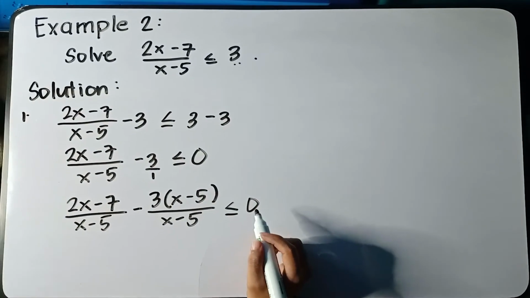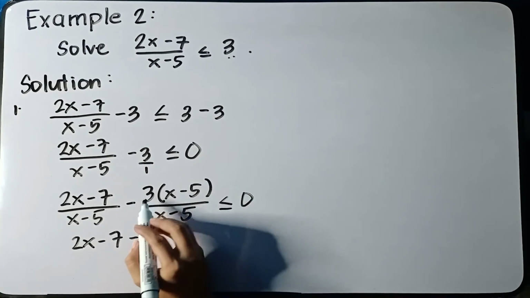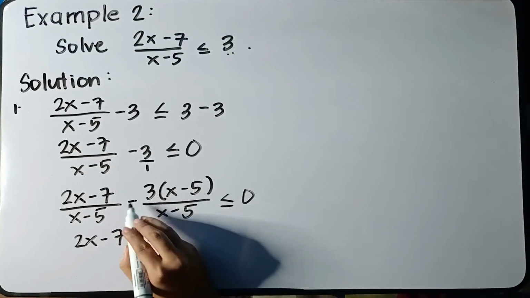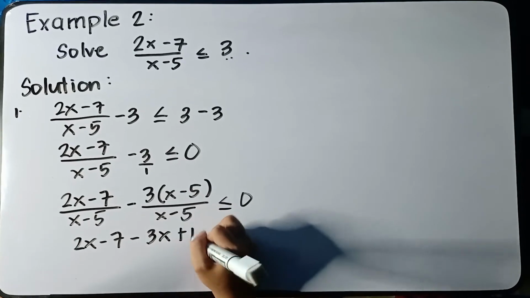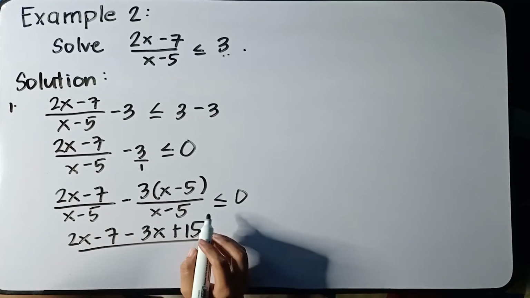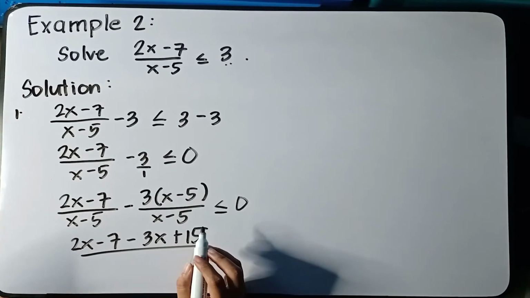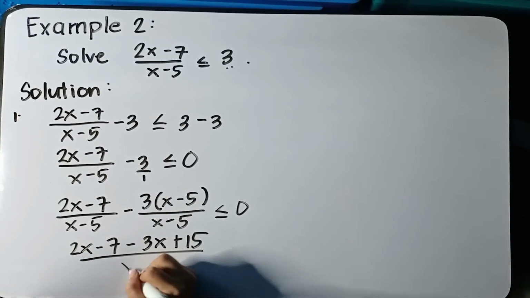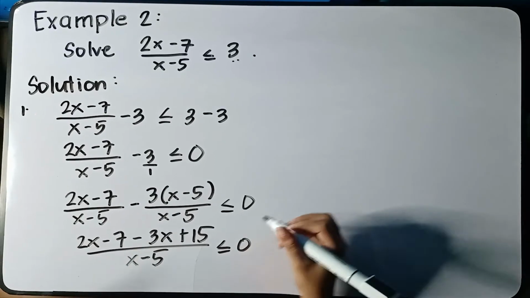So let us simplify. We have 2x minus 7 minus 3 times x, we have 3x. Then negative 3 times negative 5, we have positive 15. All over, since we have the same denominator and in subtraction, we're just copying the similar denominator. So we have x minus 5 less than or equal to 0.